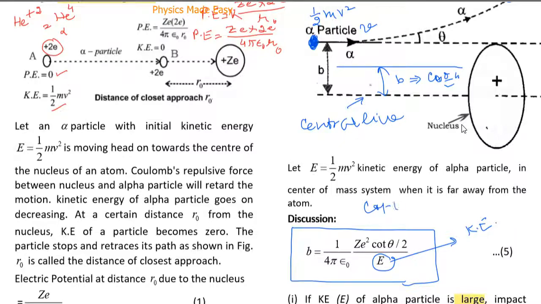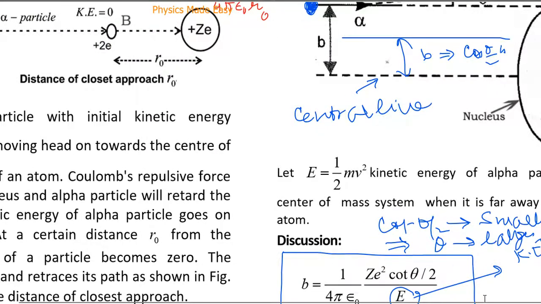If cot theta by 2 is small, this directly implies theta is large. So we conclude from here that if cot theta by 2 is small, it means B is small.